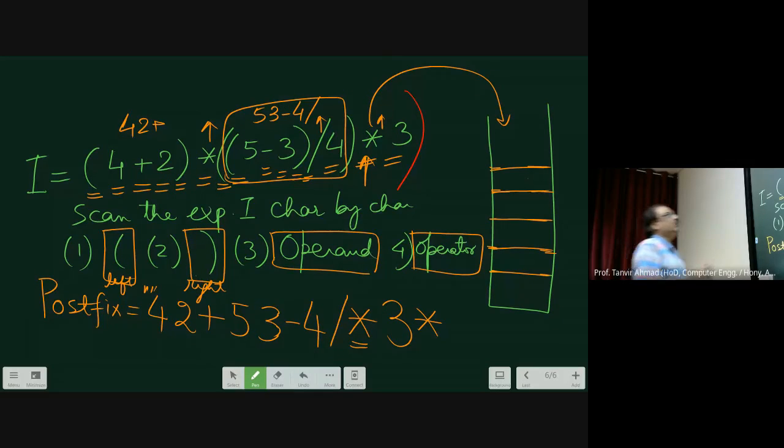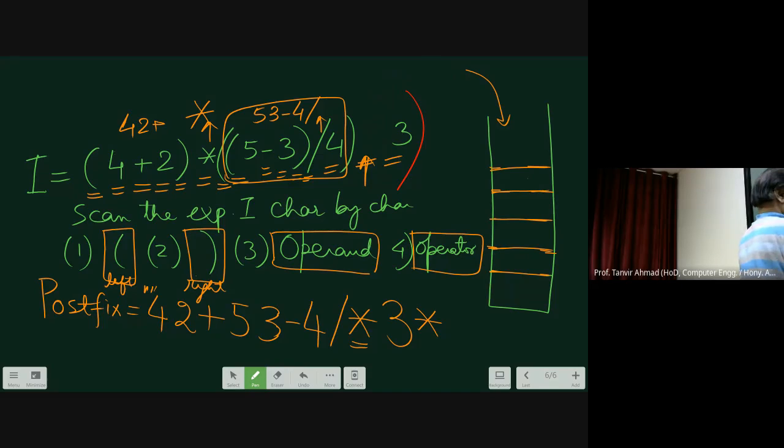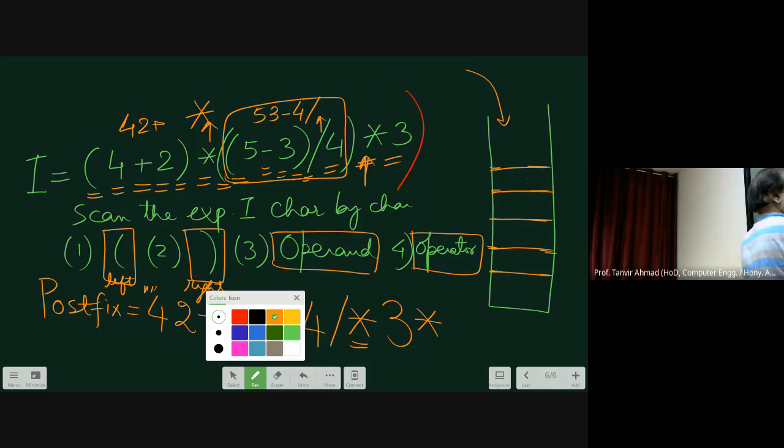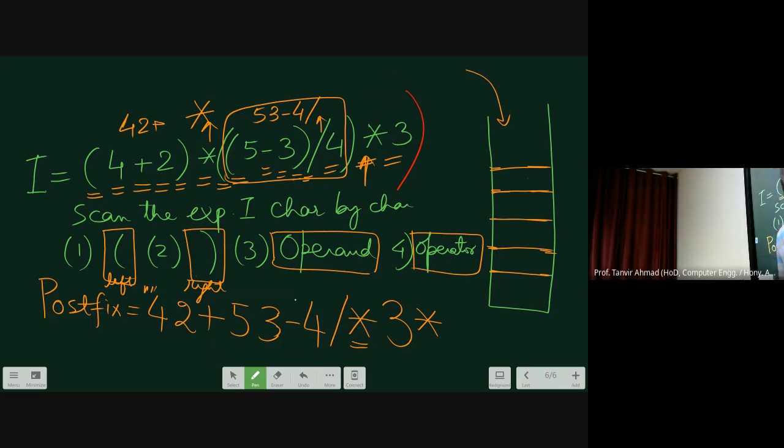Now, in that case, you get this star over here, and I will do this star again. If you do this one first, this will become 4 2 plus 5 3 minus 4, this one, and then multiply.